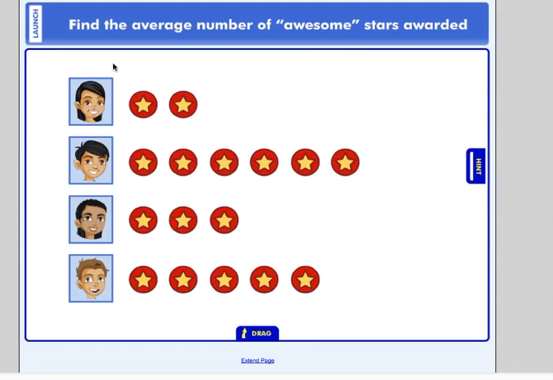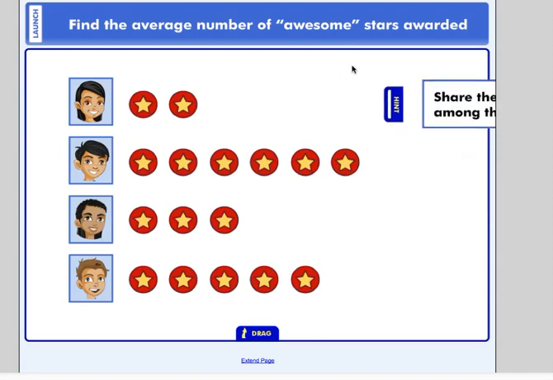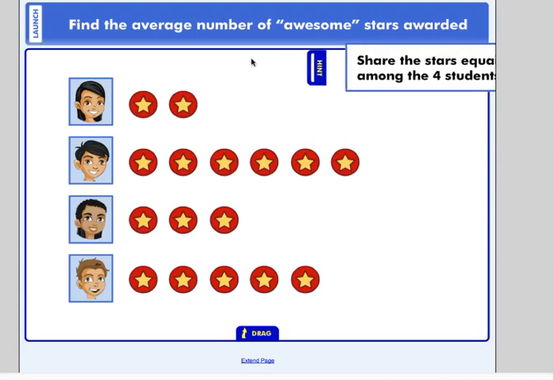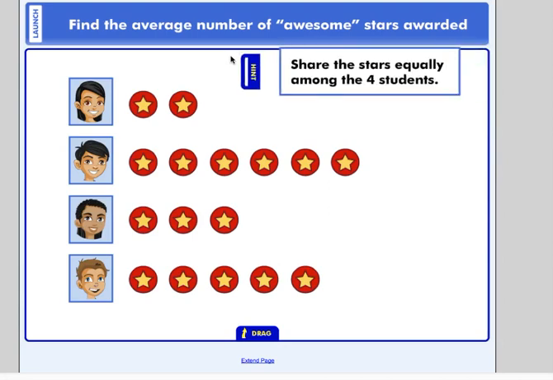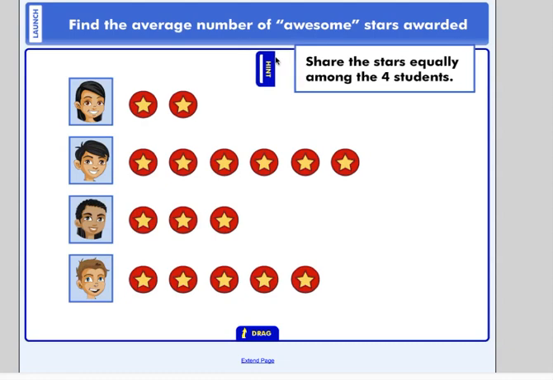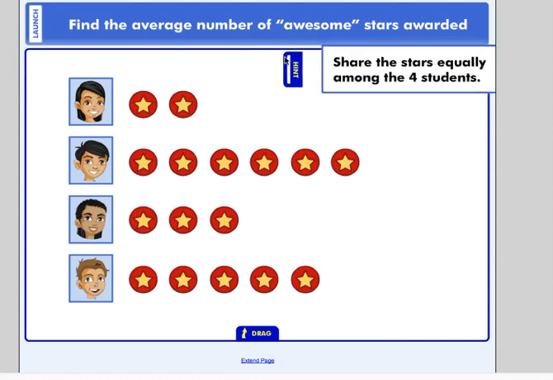Now let's do a little bit more practice with finding the mean or finding the average, because this is a concept that we haven't quite done as often. Let's find the average number of awesome stars awarded. Here's a hint. Share the stars equally among the 4 students. When you're finding an average, really what you're doing is evening out what you have.